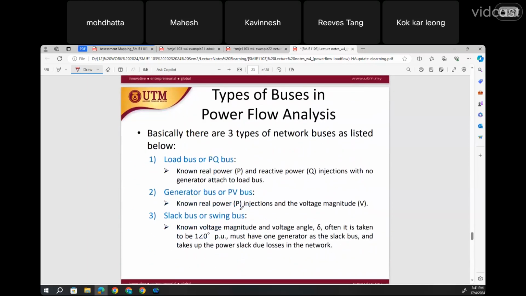And for the types of buses in power flow analysis, as I mentioned here, we should have 3 types of buses. The first one is the load bus, also known as the PQ bus, where the known quantities are the active power and also the reactive power. For the generator bus, normally we have real power and also the voltage magnitude.